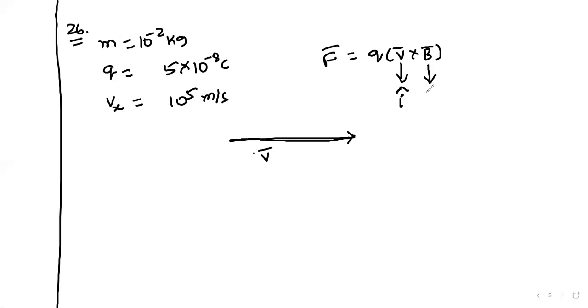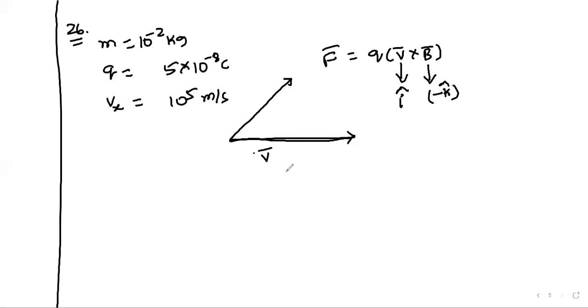Suppose if it is inverse, that is in minus k cap, the force is along j cap. So B bar should be perpendicular to the direction of velocity, and E should be along the direction of velocity.